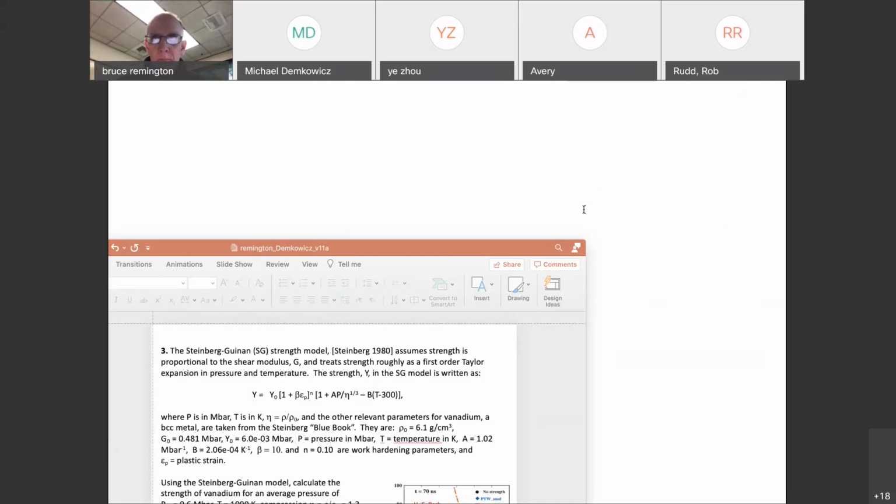So let's see, that means a few times 10 to the 15 per cubic meter. So the dislocation spacing is really quite low. It's a very high dislocation density compared to what you see in typical engineering materials.